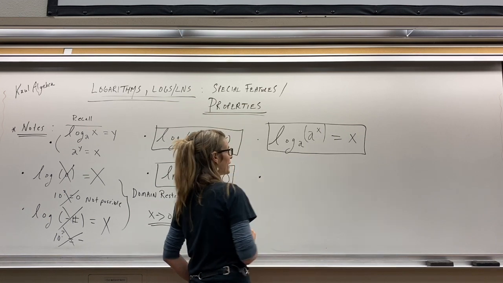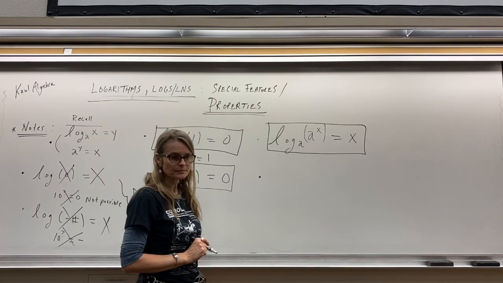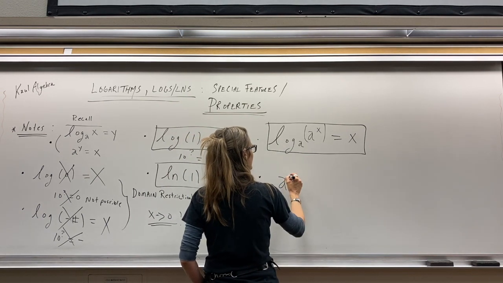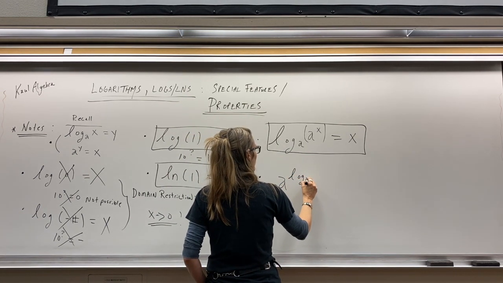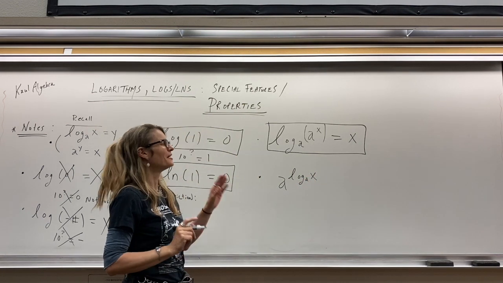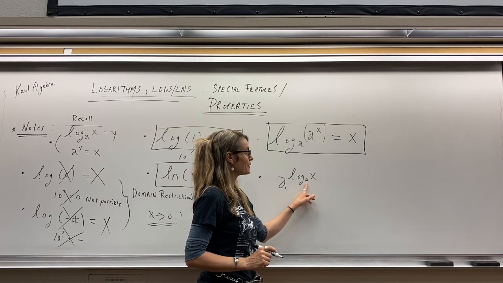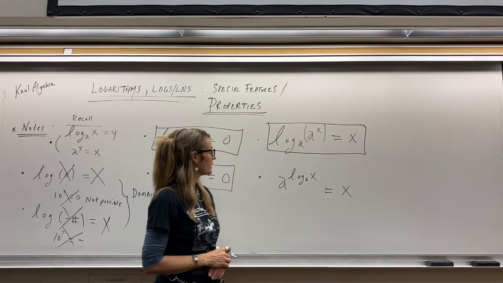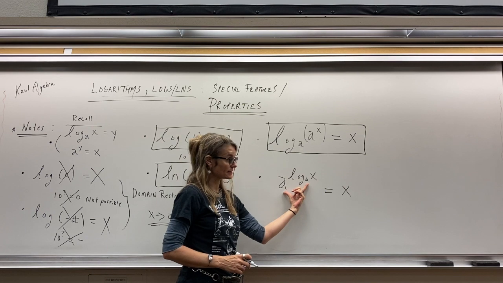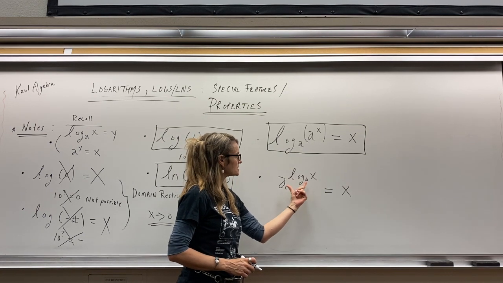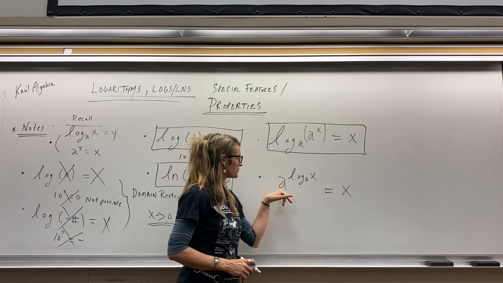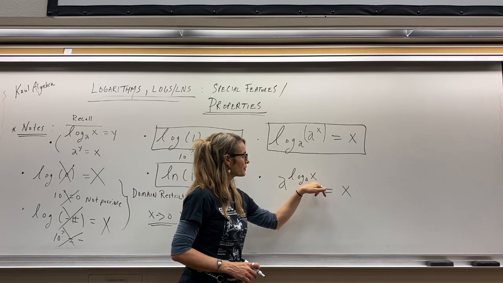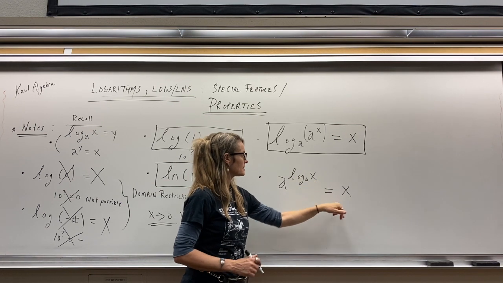Another property that comes into play, by the same reasoning, is a to the log base a of x power, which is all equal to x. Here we have matching bases. When your base a is matched with the base a of the logarithm, you end up with the inside of the logarithm as your output.